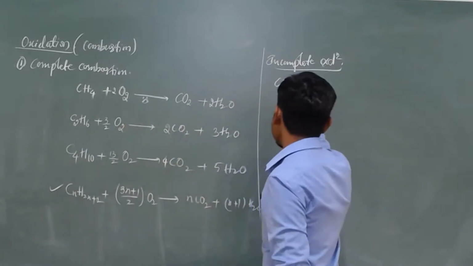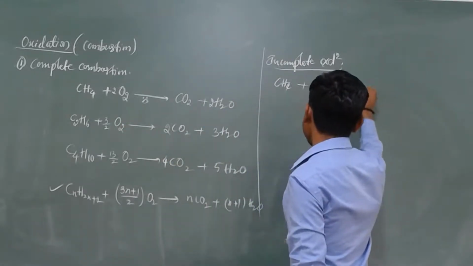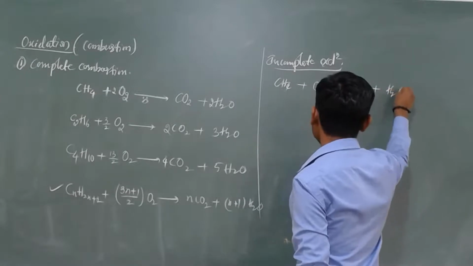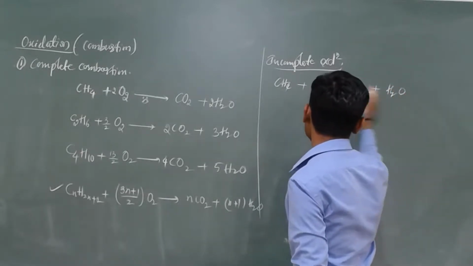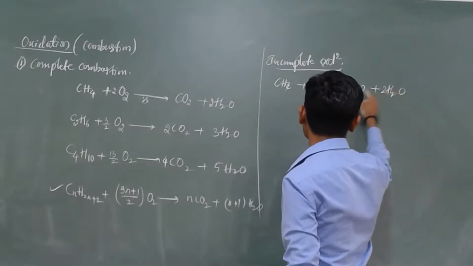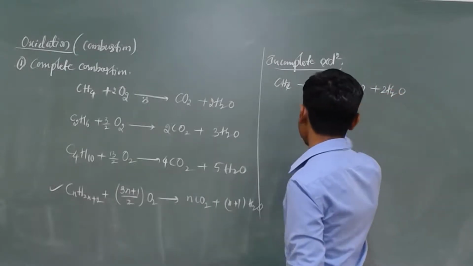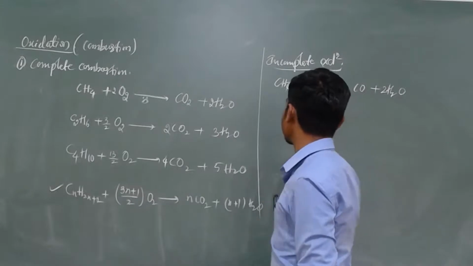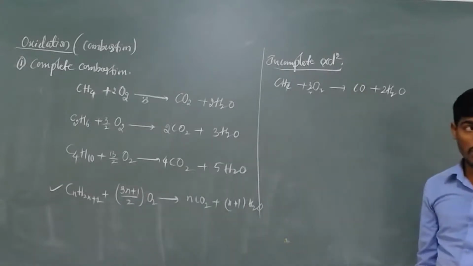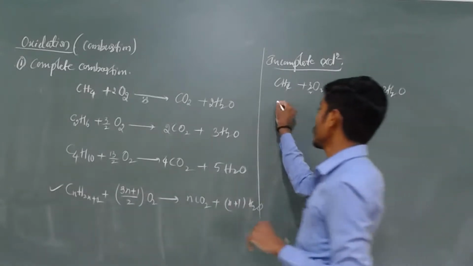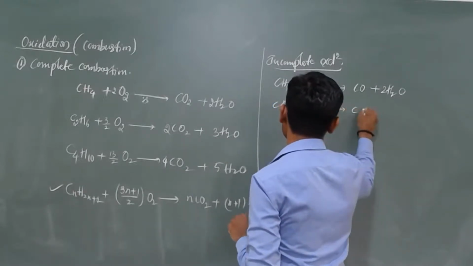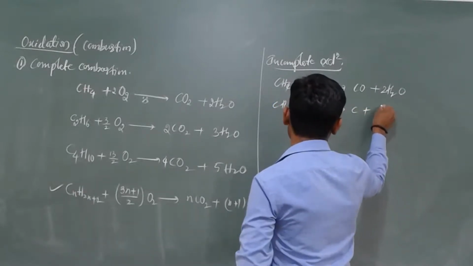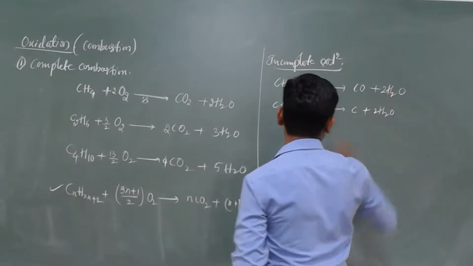Then with a limited quantity, it gives either carbon monoxide, 1 carbon, 1 oxygen, with 2 H2, so CO, carbon monoxide. The second possibility, if it is still less, is that it gives just carbon black and 2 water molecules.